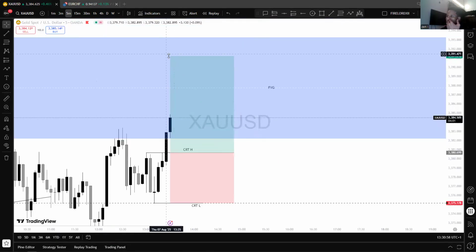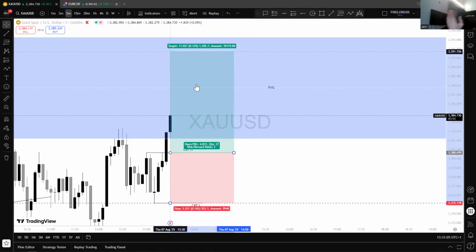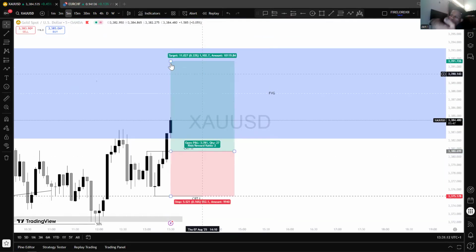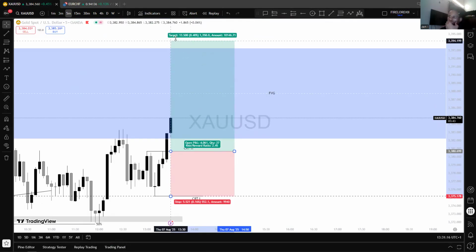So if price delivers 1 to 1 90% of the time, it will deliver 1 to 2, let's say about 70% of the time, or 60%, and 1 to 3 about, who knows, 50% of the time.